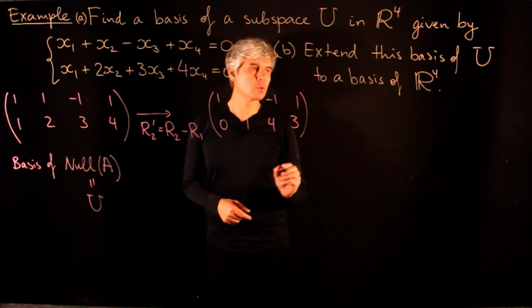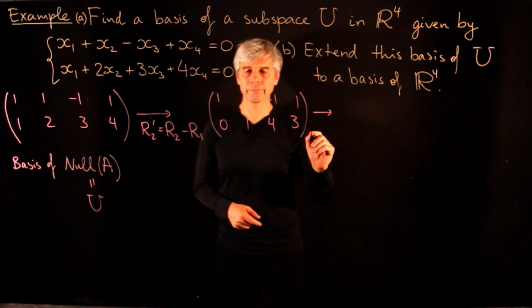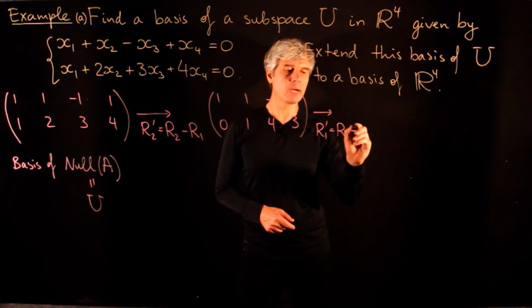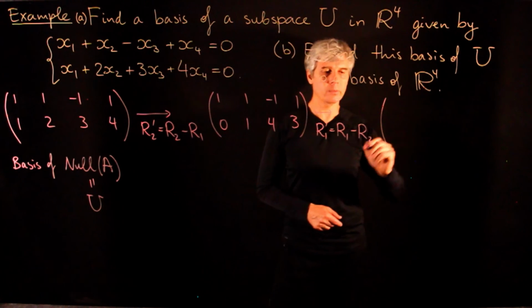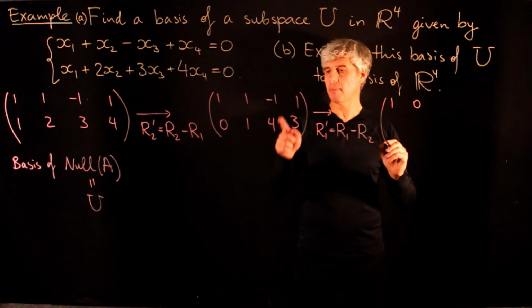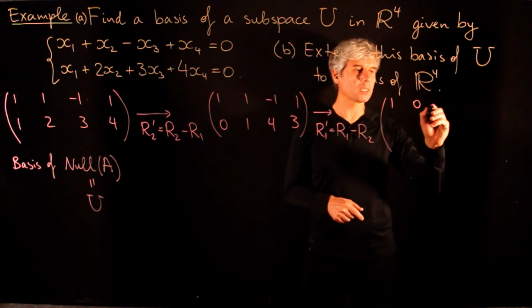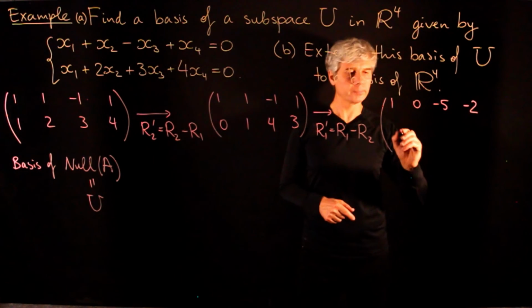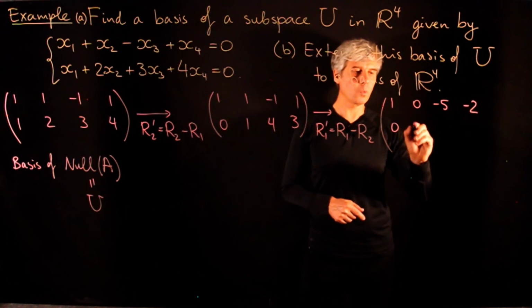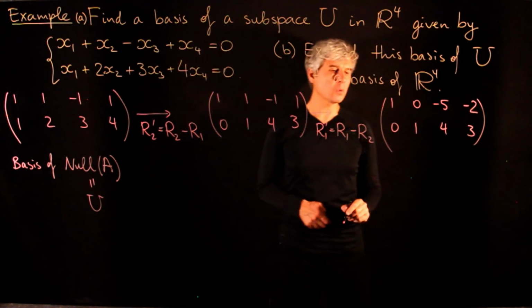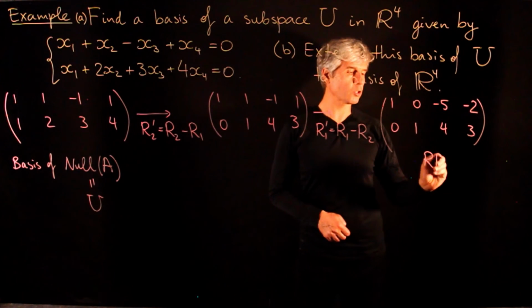And then to bring it to reduced row echelon form, we say row 1 prime is row 1 minus row 2. And we get the matrix 1, 0, minus 1 minus 4, that's negative 5, and 1 minus 3, negative 2. 0, 1, 4, 3. All right, so now this is reduced row echelon form.